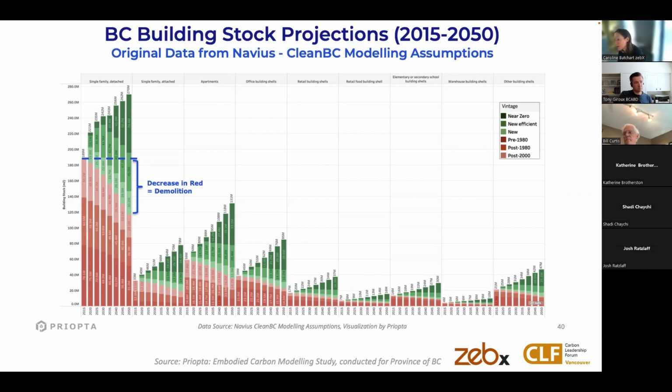So we're demolishing a huge amount of the homes that we have in BC, and we're also building a huge amount. It wasn't until I saw this graph that I realized how important homes are in BC, not the big buildings. It's important that we get to grips with the embodied emissions in the single family homes that we're building.